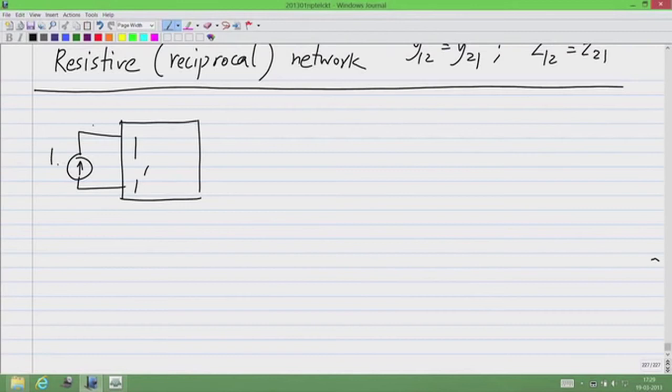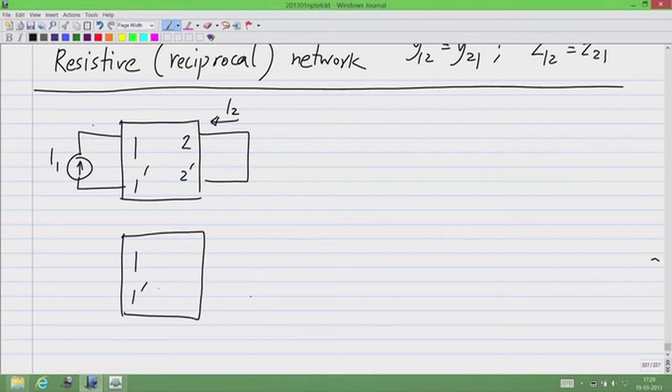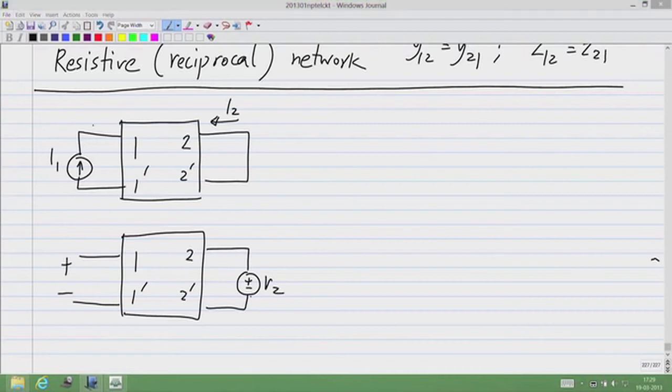we discussed reciprocity for this case for I1 with this side short circuited, and we measured I2, and in the other case we had V2, with this side open circuited.